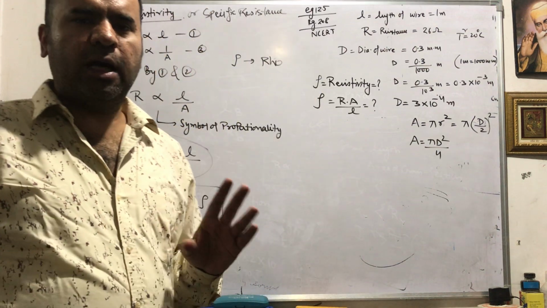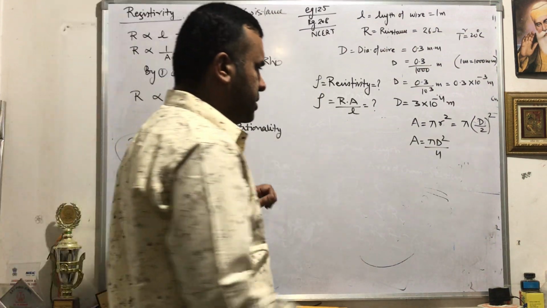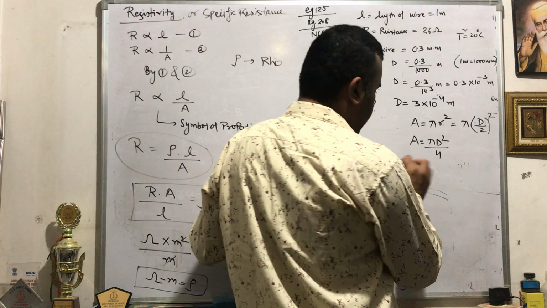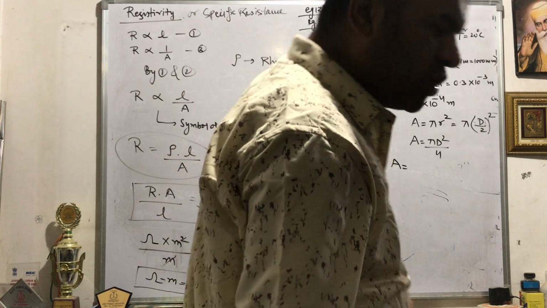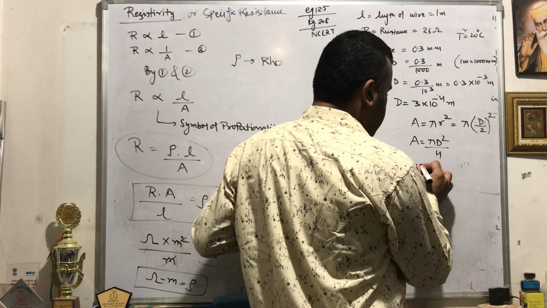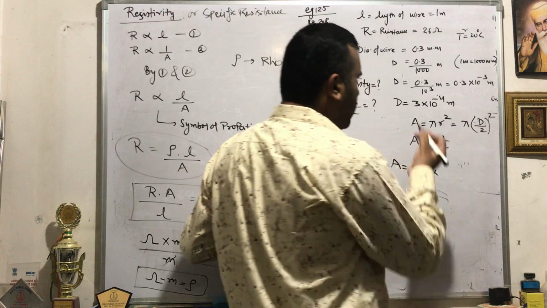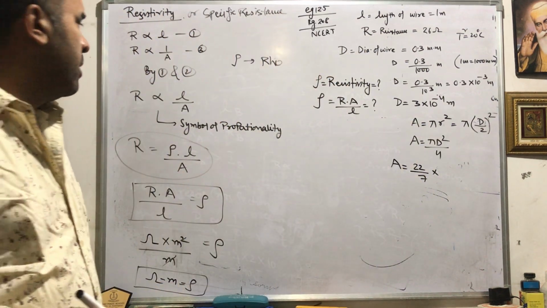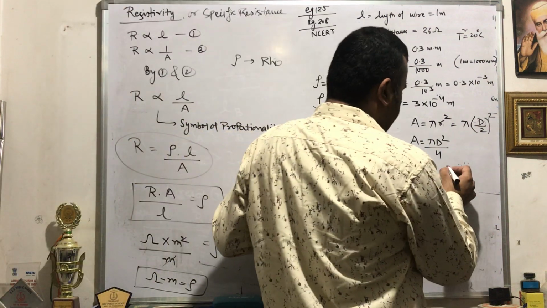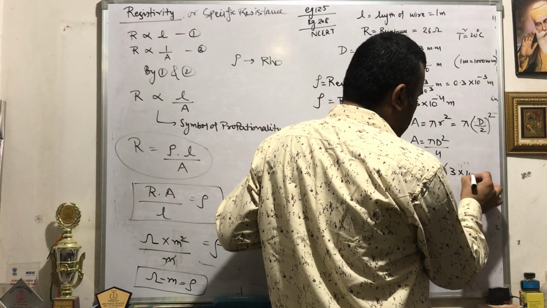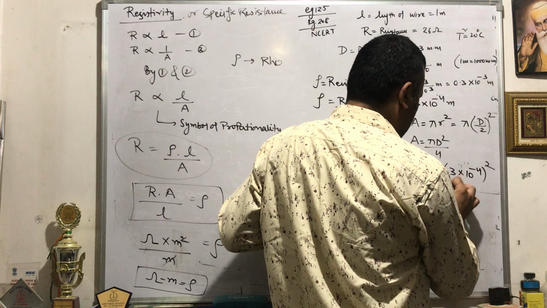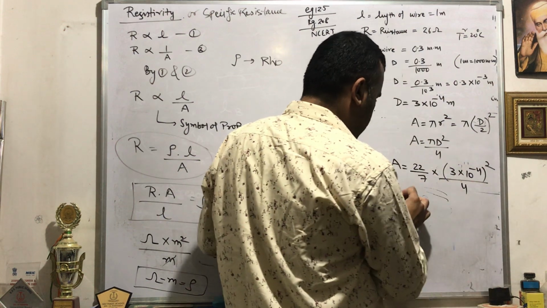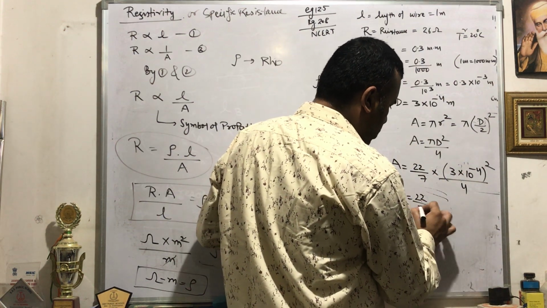First of all, we will calculate area from this. In place of pi, as nothing is given in the question, you will take pi as 22 by 7. You can do this question side by side with me, don't waste time. In place of diameter, you will write 3 into 10 to the power minus 4 whole square by 4. Further you solve it, you will get 22 by 7.